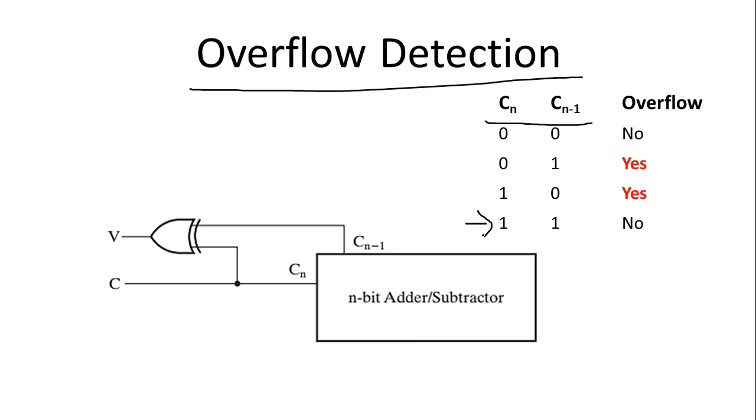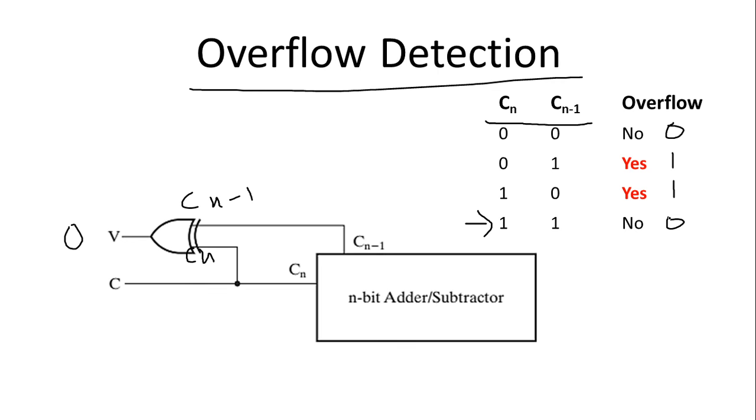Here you see there are two operands of our XOR, Cn and Cn minus 1. If both bits are the same, the answer is 0. V being 0 means no overflow. So for 0 0 and 1 1 we get 0, just like an XOR gate.